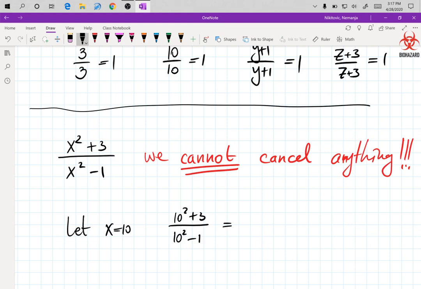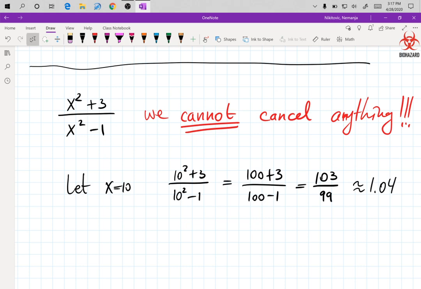When you compute these, you get 100 plus 3 divided by 100 minus 1. That's 103 divided by 99, and that is going to be some number, approximately 1.04.